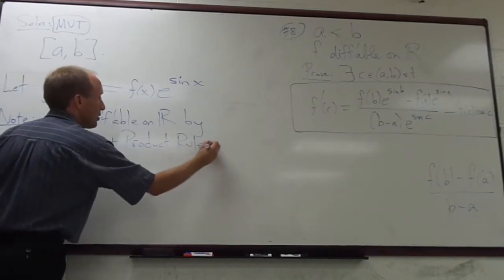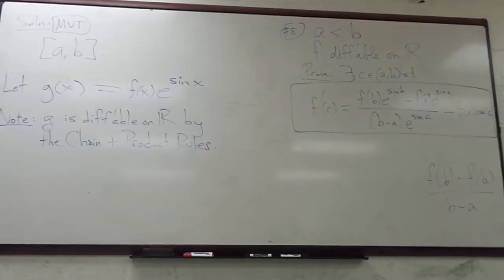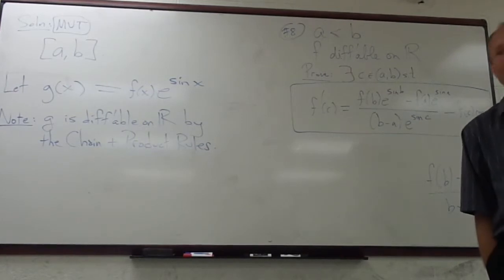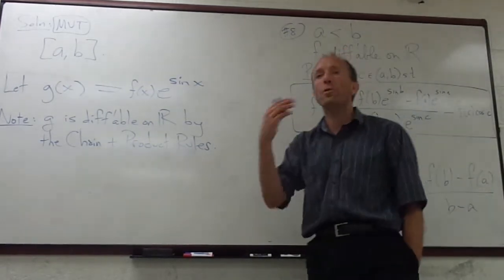Because basically g is created by using a product of two functions, one of which is created by using the chain rule. You can use the fact that e to the x is differentiable, sine of x is differentiable. I know we didn't really officially prove that.